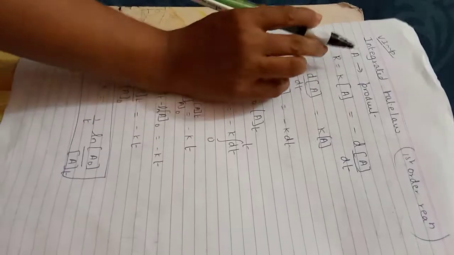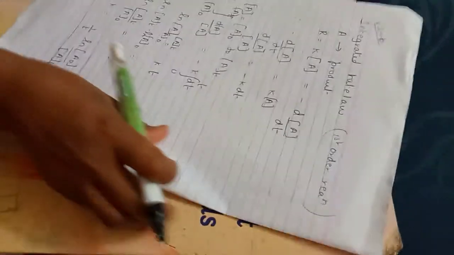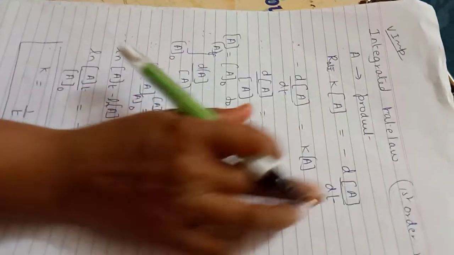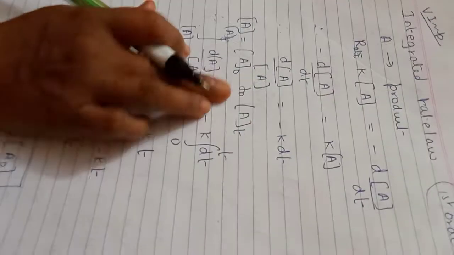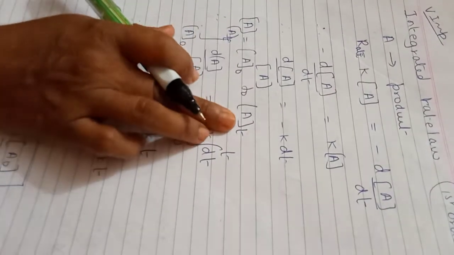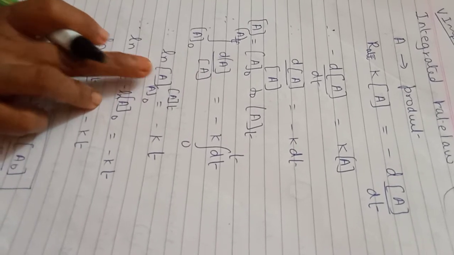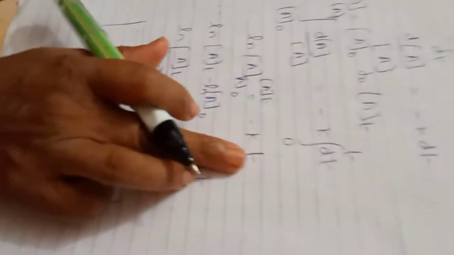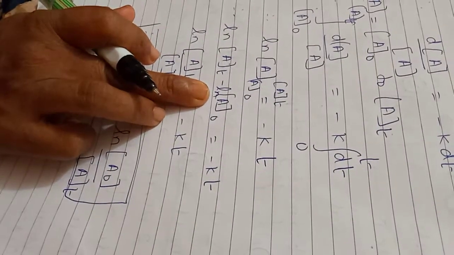I'll repeat. Consider a unimolecular reaction, A getting converted into product. How do you write the rate? K into concentration of A, which is also minus d[A]/dt. Reorganize, integrate from A naught to A t. The integration of dA upon A is natural log of A, upper bound minus lower bound, minus Kt.